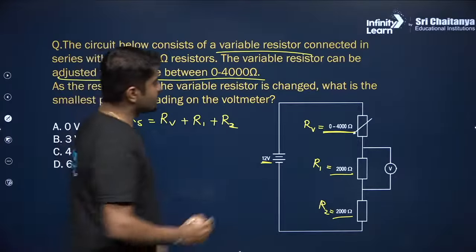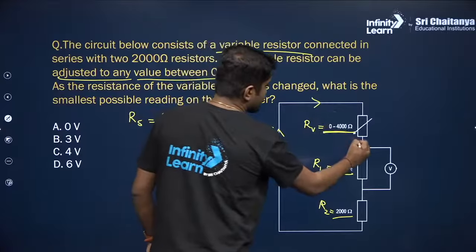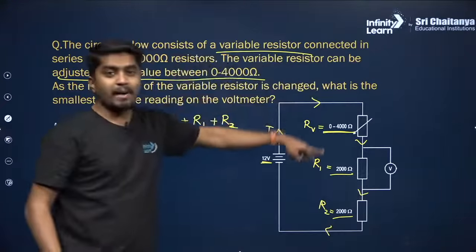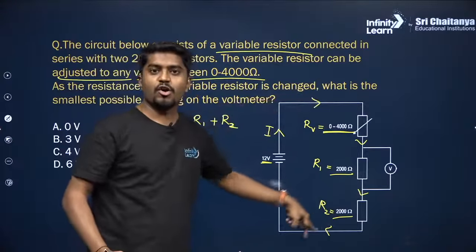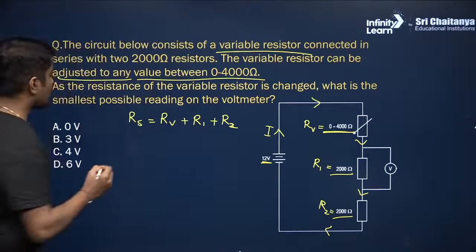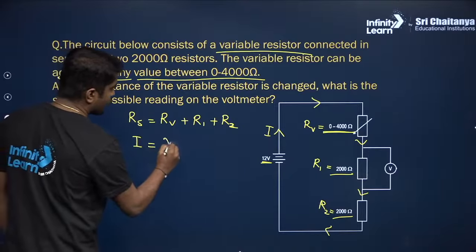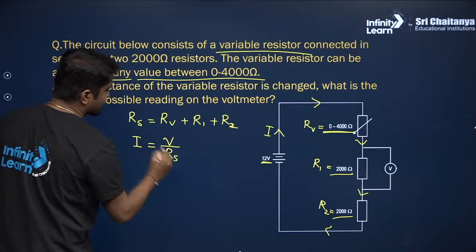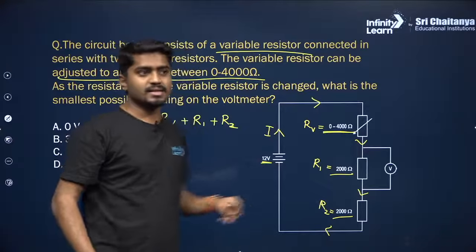Because of this battery, current will flow through this circuit, and the same amount of current will pass through each of the resistors. The total current can be calculated by the total voltage provided by the battery divided by Rs, the equivalent resistance value of the 3 resistors.